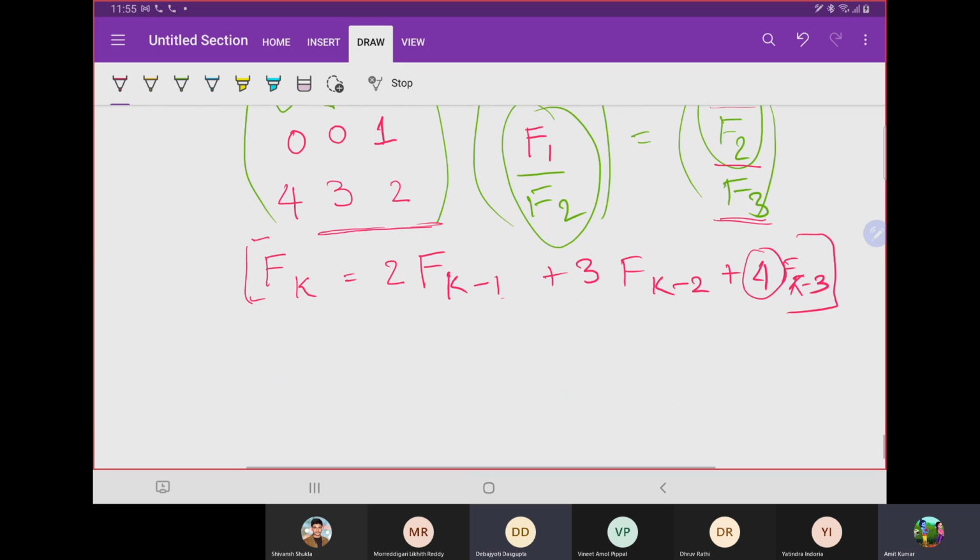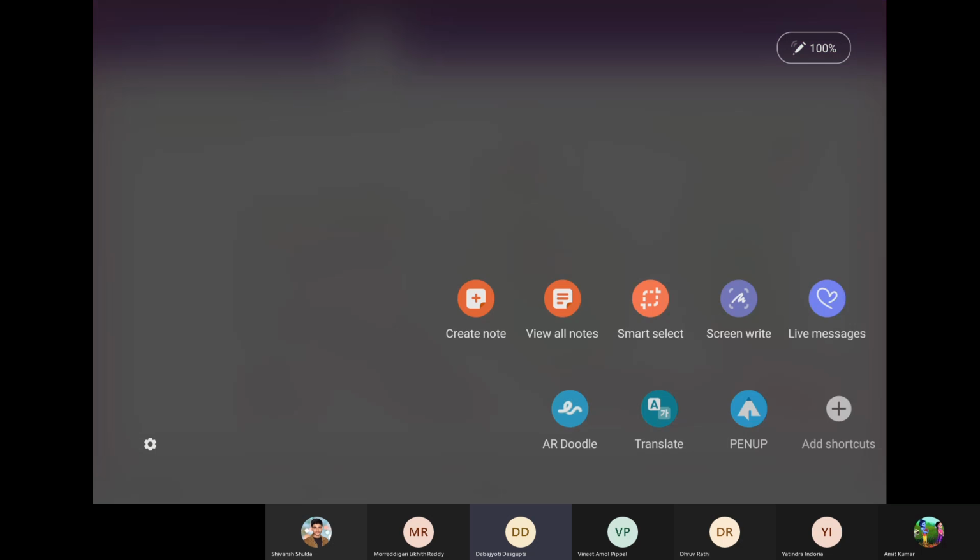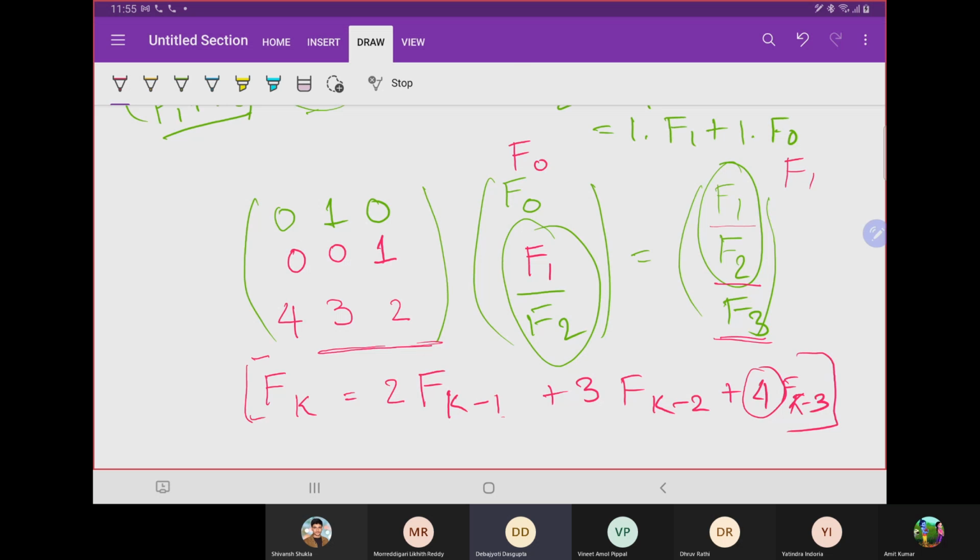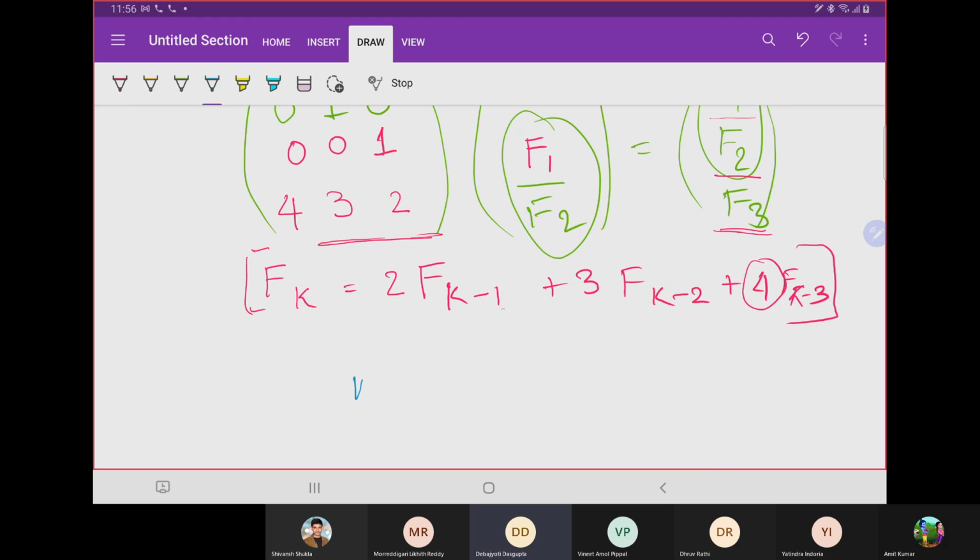Okay, let me change the name. I will write this matrix as A0 and this as A1. So you see that the third element of Ak will be basically f of k plus 2.